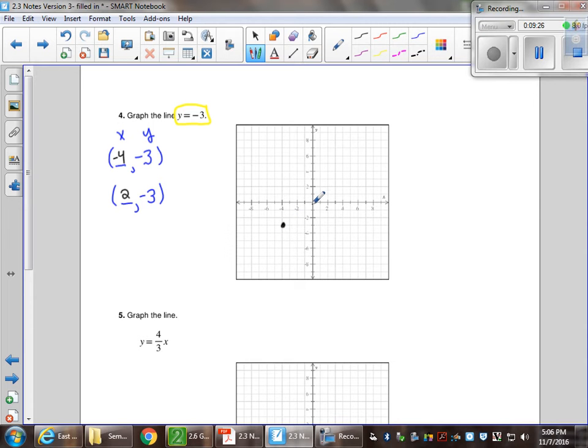Okay, let's plot the second point. This time, +2, 1, 2, down 3 again, 1, 2, 3. So without memorizing, I can now see that this is a horizontal line through y equals -3.